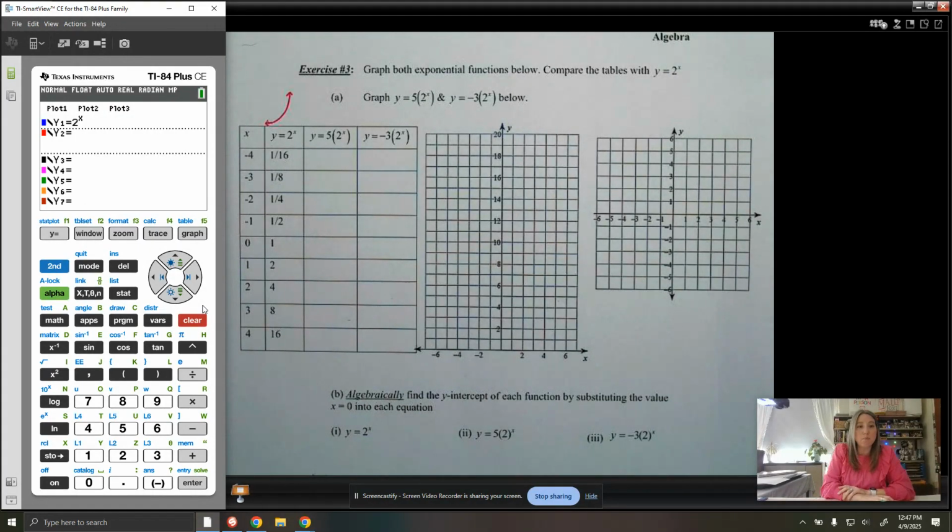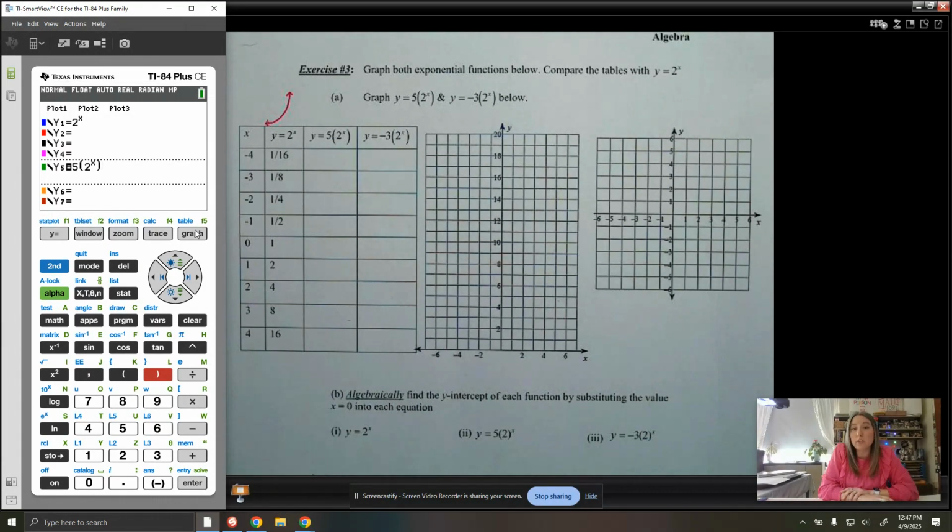Okay. Actually, let's head down to y5 because I'm going to use green for this next one. This is 5 times 2 raised to the x power, arrow right out of the exponent, and then put your end parenthesis. And remember, to get to an exponent, we want to use the caret that's right above division.